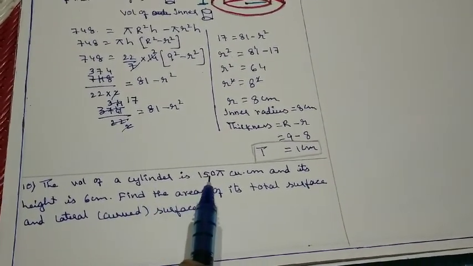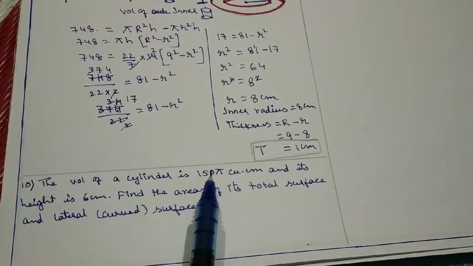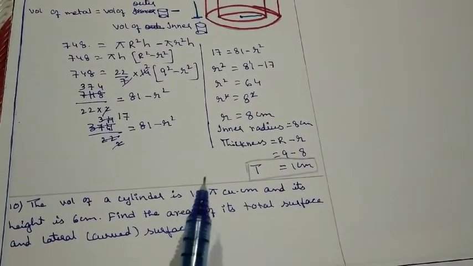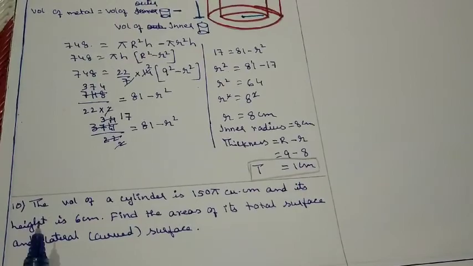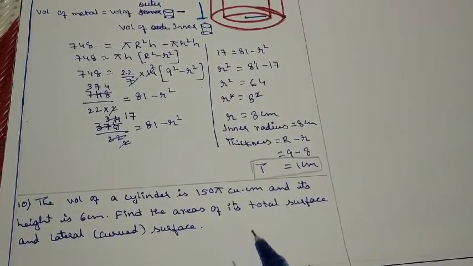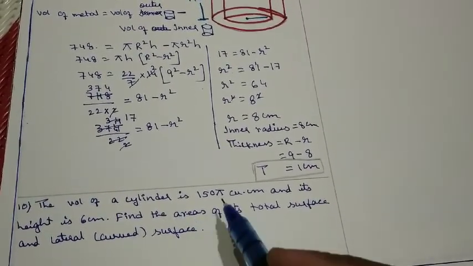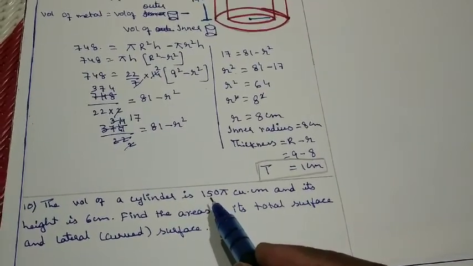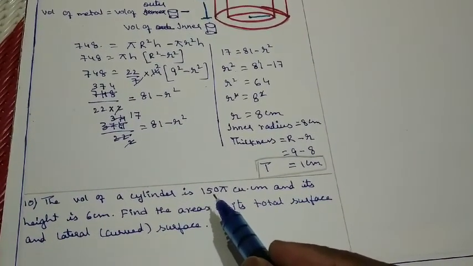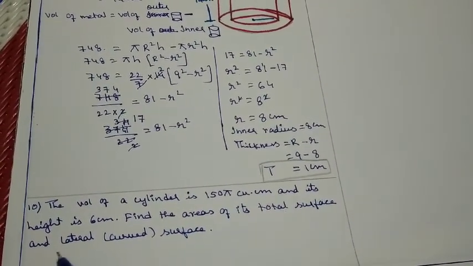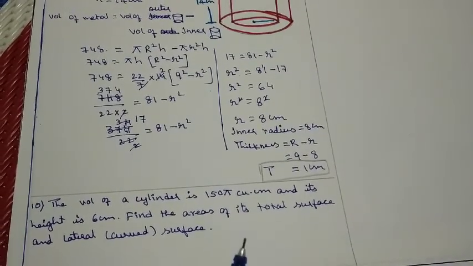Here given is volume 150 pi. So we know that volume of cylinder is nothing but pi r square h. So h is given, means we need to find the r value. The r value we will get from the volume. After finding the r value, then you find its TSA and CSA of the cylinder.